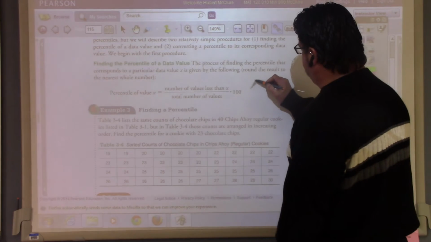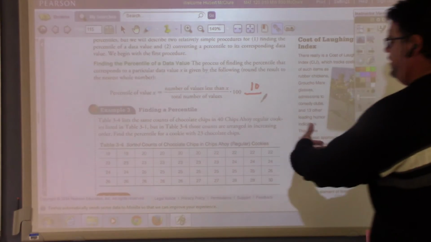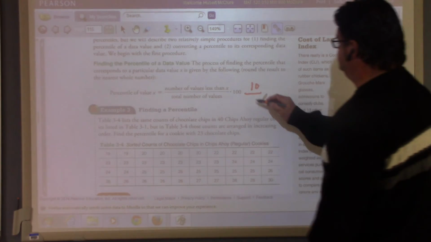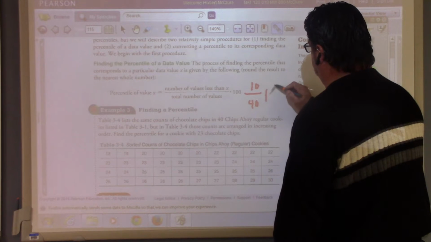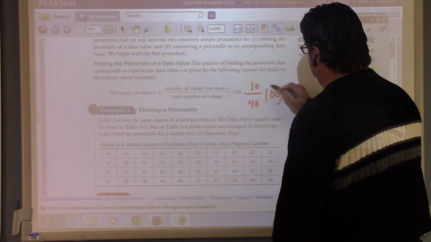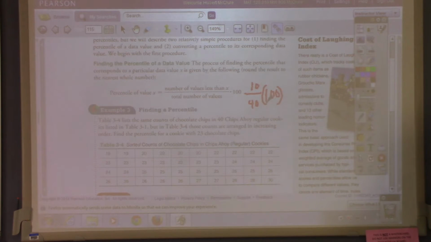So that number is 10, divided by how many values are there? 40, multiplied by 100. Please do not use a calculator for this, because that's like hanging a sign around your neck that says, I don't know how to do math. Why? Because what's 100 divided by 4? So what is the 23?